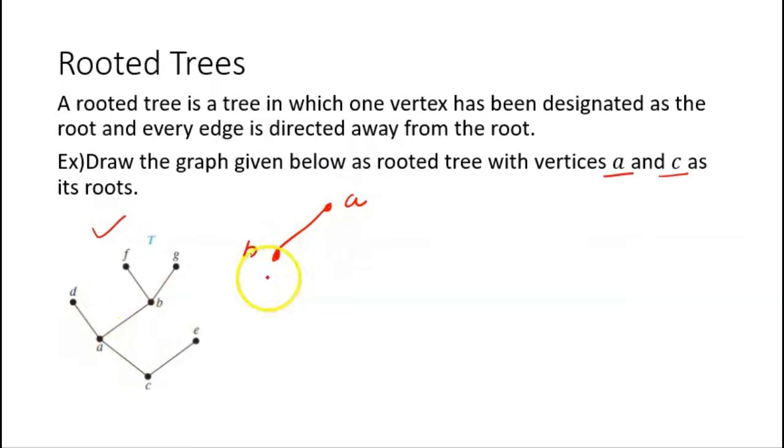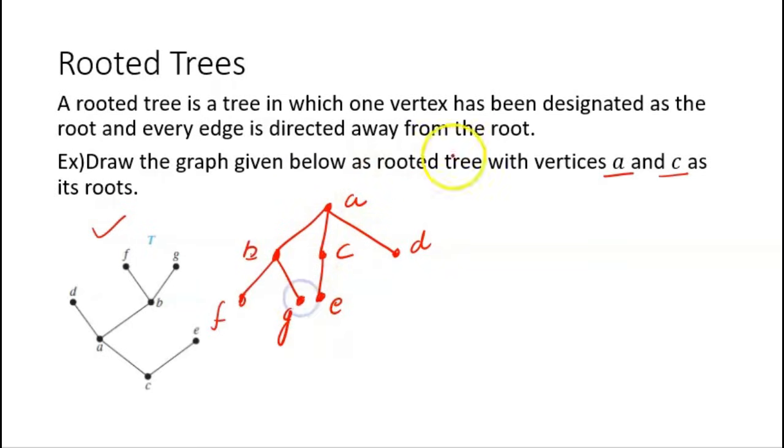And then we have C, right? We have C, and we also have D here. So A is adjacent to these three vertices. Now if you look at B here, B has two vertices, and I am drawing the edges which are directed away from B. So this is F and this is G. C has one vertex, so I am going to join this edge like this, and the purpose of drawing this is that I am drawing the edge in such a way that it is directed away from it.